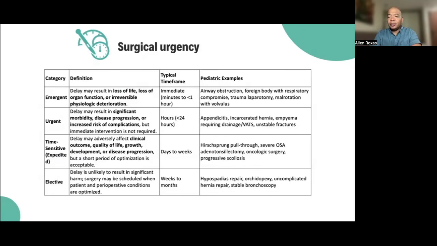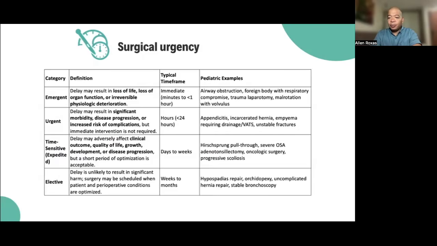Emergent procedures would mean delay may result in the loss of life, loss of organ function, or irreversible physiologic deterioration. Urgent procedures, on the other hand, would mean delay may result in significant morbidity, disease progression, or increased risk of complications, although immediate intervention is not required.